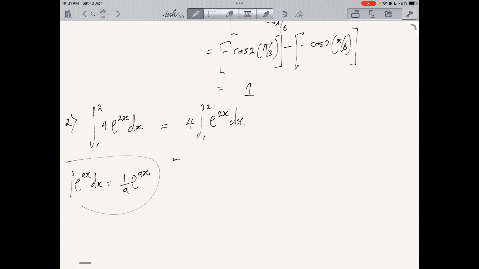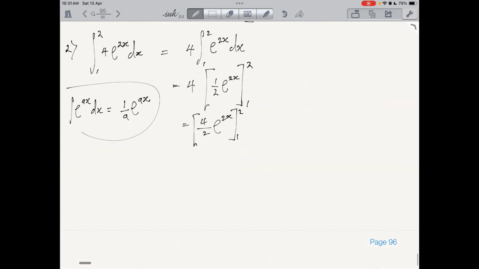Now a in this case is 2. So this will give us 1 over 2 exponential 2x from limit of 1 to 2. So this will give us 4 over 2 exponential 2x from 1 to 2. This will give us 2 exponential 2x from limit of 1 to 2.